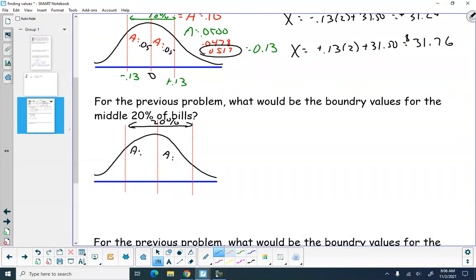If I have 20% and I have symmetry, that means I have 10% in each. So I find my areas in each one of those sections again. I go to my Z table and find the closest area to the areas that I have here.